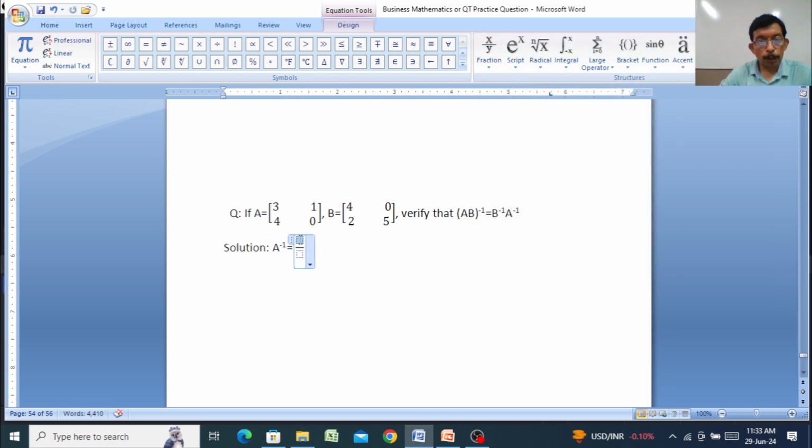One upon determinant of A, into adjoint A. So A inverse is equal to 1 upon determinant of A into adjoint A.